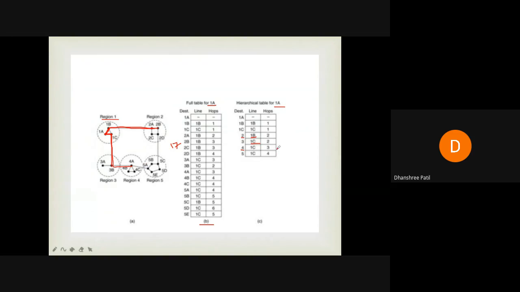So here 3 is given. And region 1 to region 5, it will require 4 hops. So again by using this, it will just go by using 1 line. So 4. You can see here 1, 2, 3, 4, 5, 6, 7. Only 7 entries are required by using the hierarchical routing algorithm.